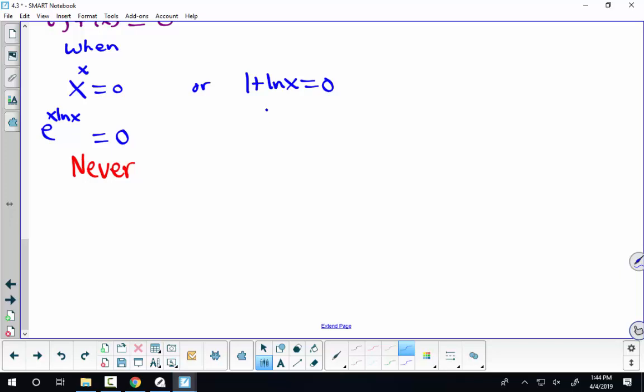Yeah, so that's the same as when ln of x is negative 1, and then we just exponentiate both sides. e to the ln of x is x, which equals e to the negative 1, or 1 over e.